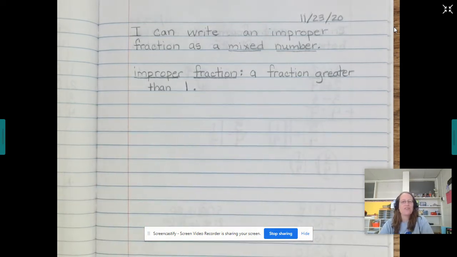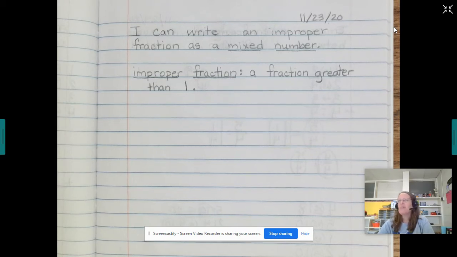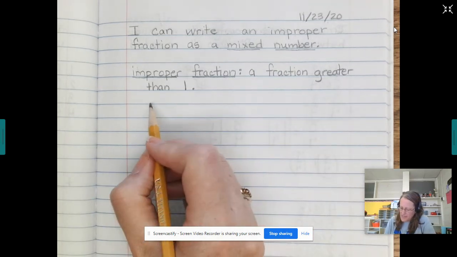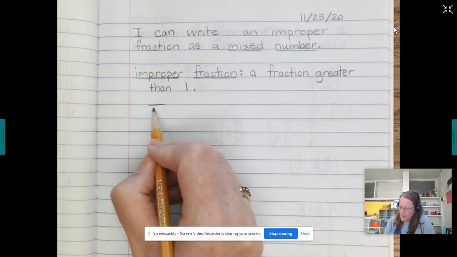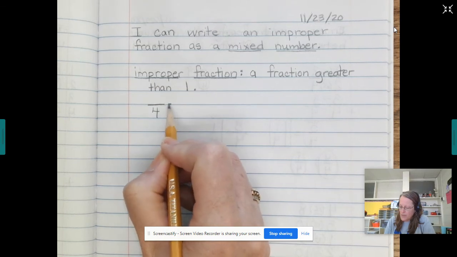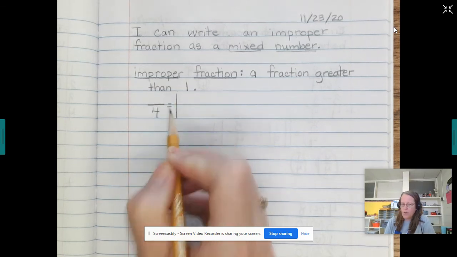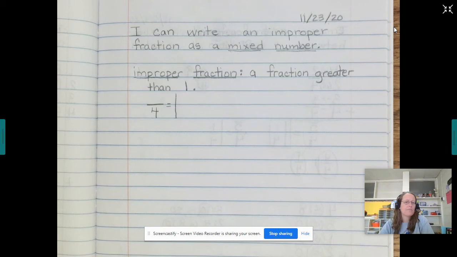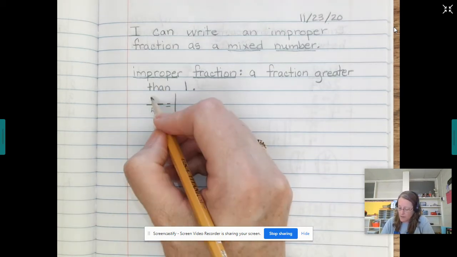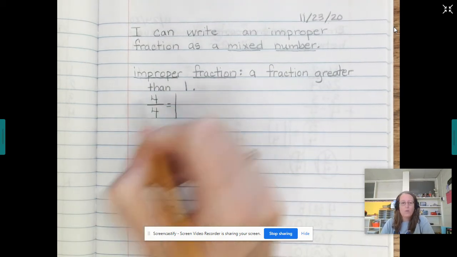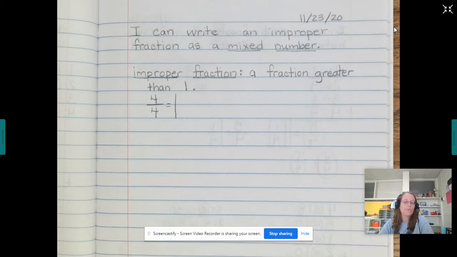A fraction greater than 1. Okay, well, what would that look like, I wonder? Let's think of some examples. Let's think of what fractions would equal 1. For example, how many fourths equals 1 whole? 4 fourths. 4 fourths equals 1 whole.